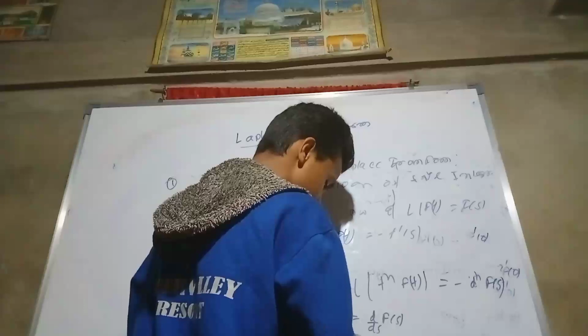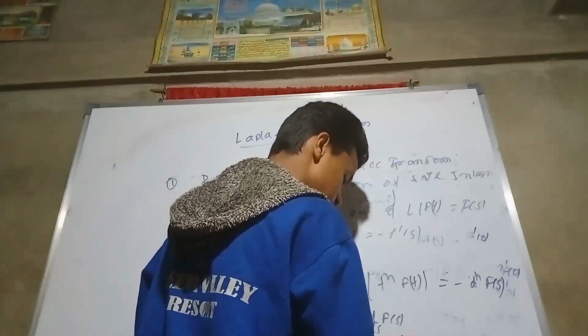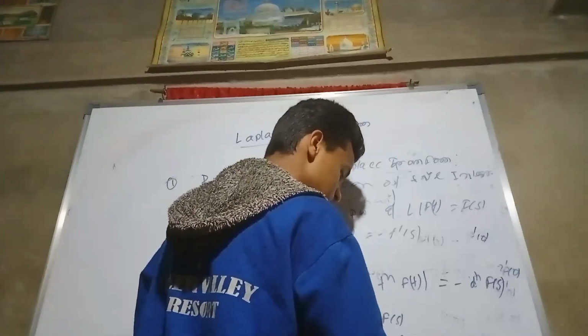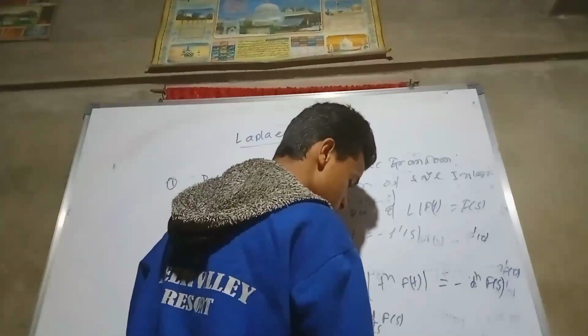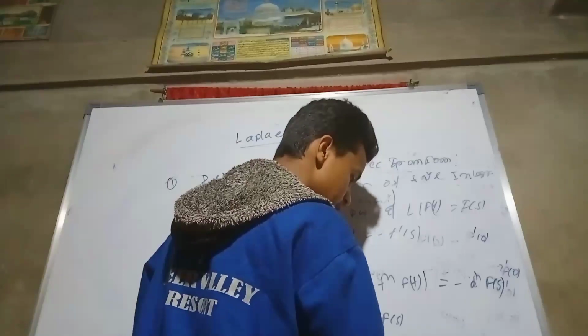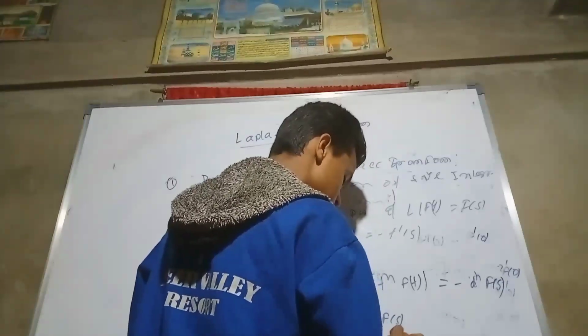So first we have to find the derivative of the integral 0 to infinity of e^(-st) f of t dt.